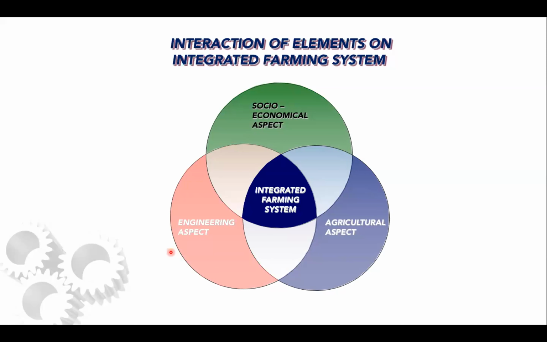Engineering and technology are closely related, so we cannot develop smart or advanced technology without any engineering aspect. And so there are three subsystems in the integrated farming system.